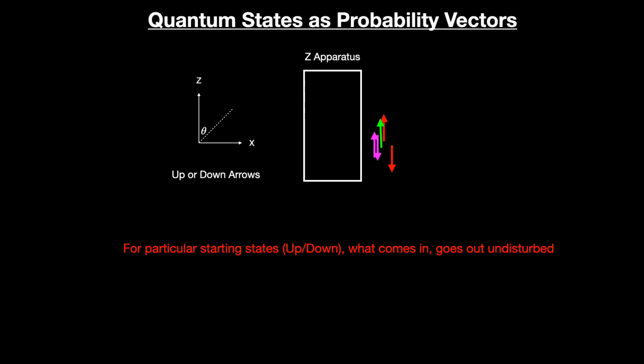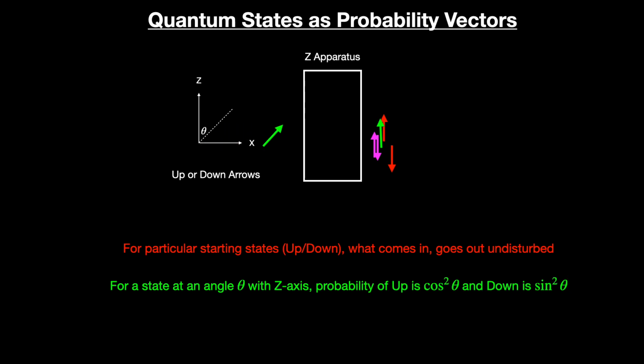However, if I repeat this experiment with many such arrows, all of them initially making an angle theta with the z direction, and I calculate the probability to observe an up arrow, it turns out that that probability is cosine square theta. Now recall that if I think of these arrows as a vector in space, then the projection of this vector along the z direction is cosine theta.